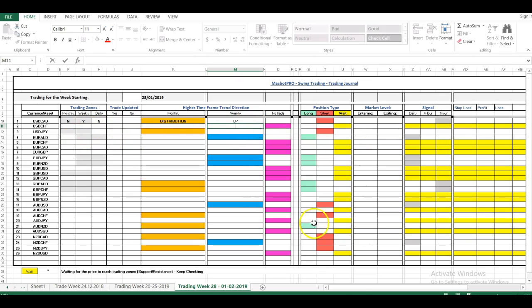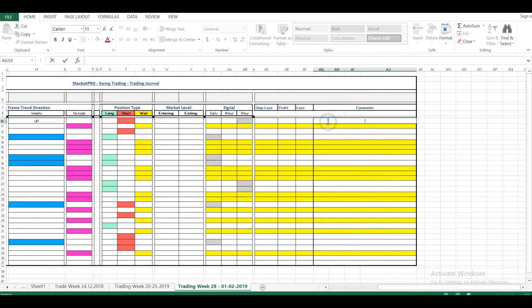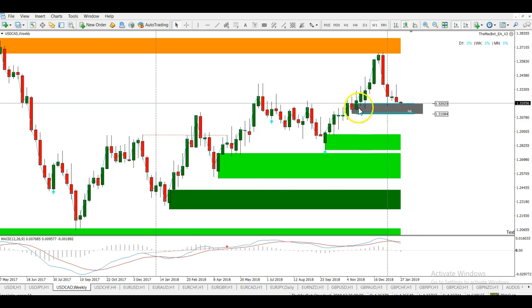Okay, so I'm just going to go over here in the comments. Just want to look at for tomorrow. So the reason being for this is this area here.